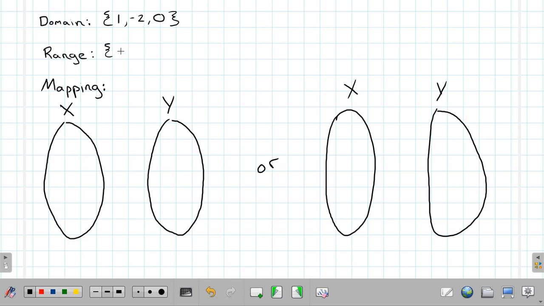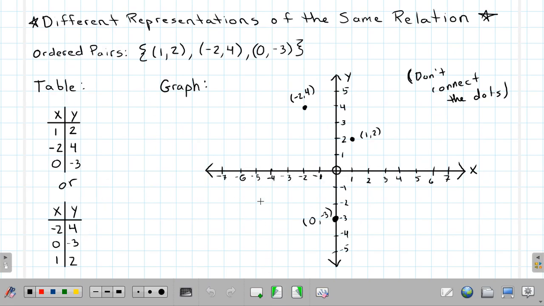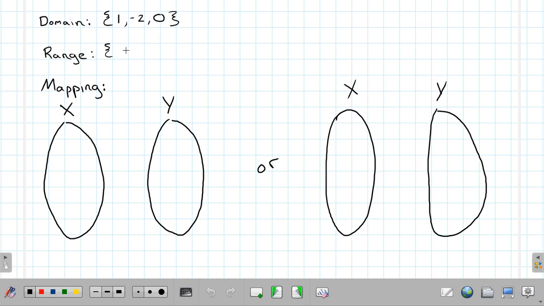The range in this case, once again, we would go back and look at the y's. 2, 4, -3, or -3, 2, and 4. Once again, it's telling us what y values have points. It doesn't matter the order we put them in, so I'm just going to put them in there as 2, 4, -3.